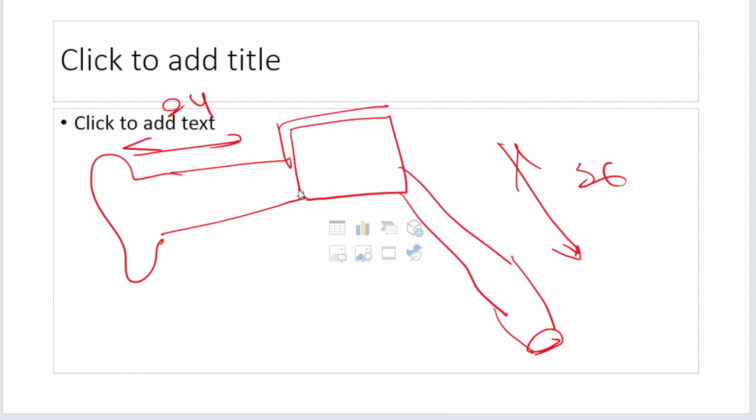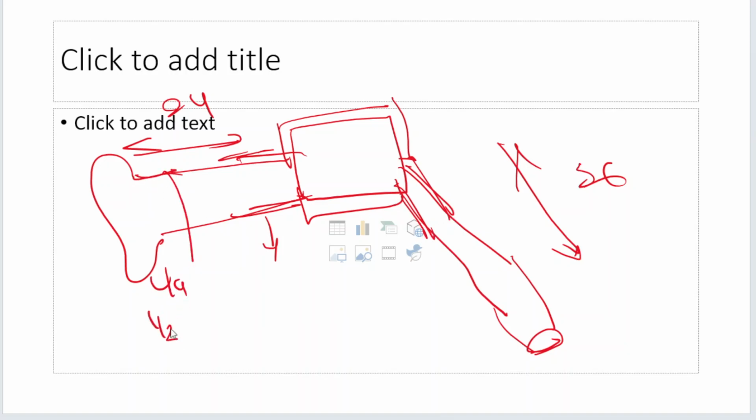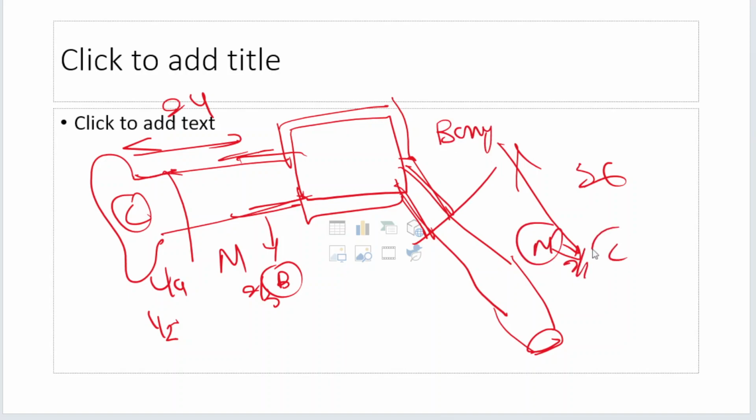Because the middle ear is bony, the continuation of the external auditory canal here will be bony, and the continuation of the eustachian tube here will be bony. So the lateral 1/3 is cartilaginous and the medial 2/3 is bony here. Here the lateral 1/3 is bony and the medial 2/3 is cartilaginous. Like this you can remember this.